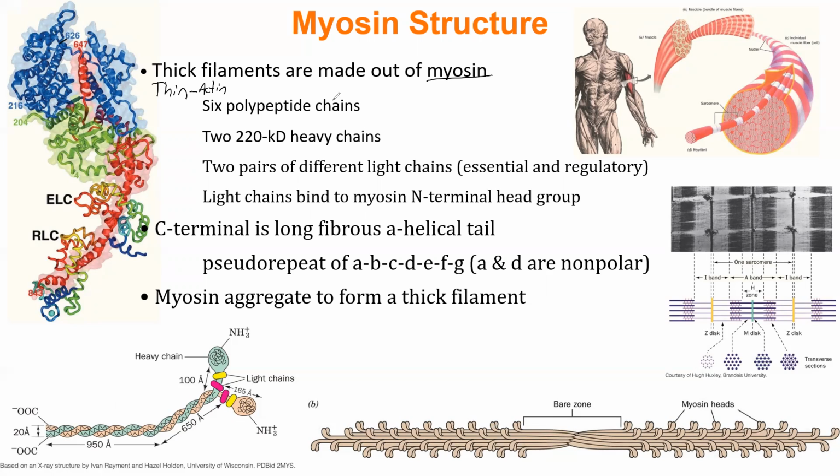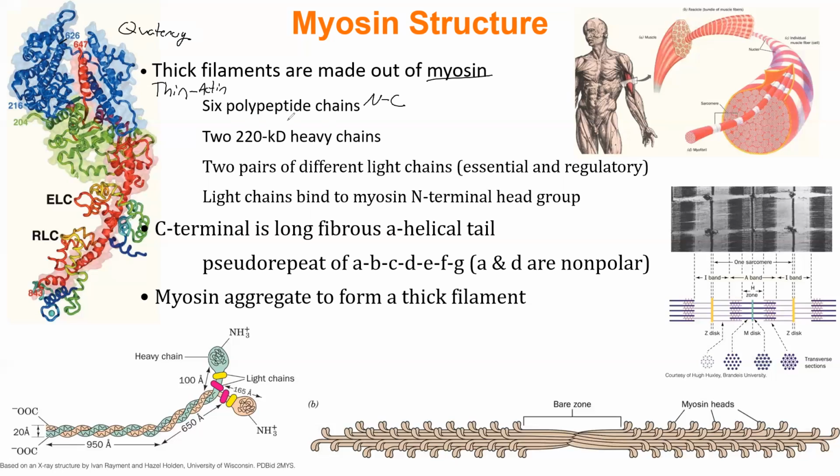Just as a reminder, a peptide chain is amino acids, N to C terminus, and we have 6 of these coming together to make one protein. So what we're looking at here is the quaternary structure of myosin. Remember, quaternary means many peptide chains coming together. And what is the 3D shape of those peptide chains?